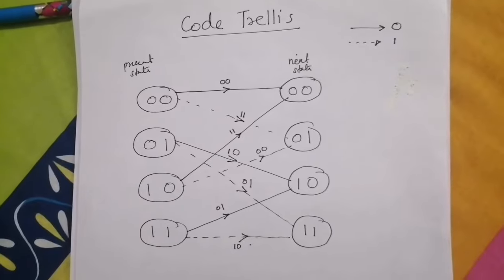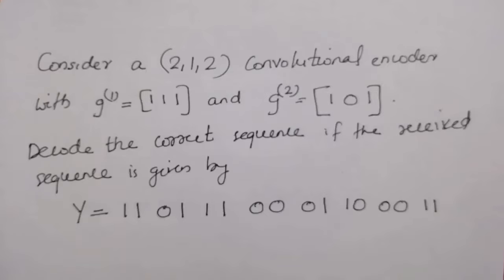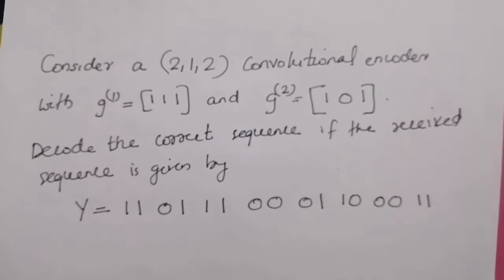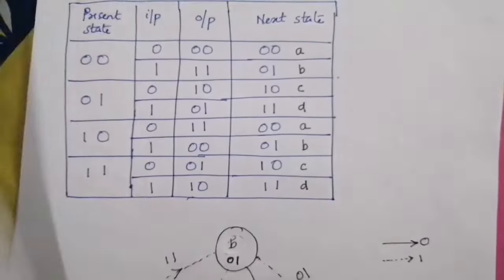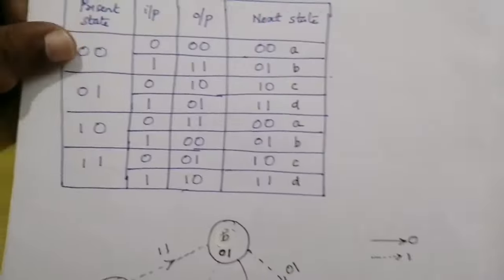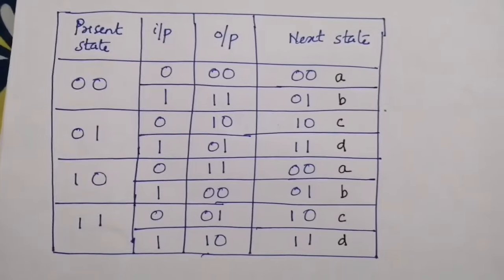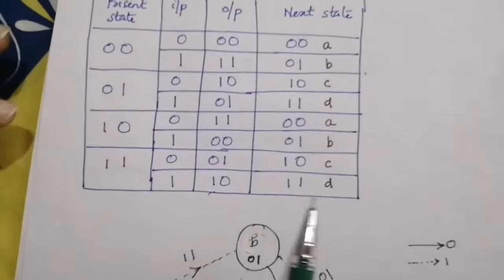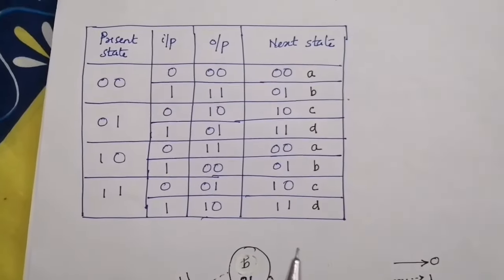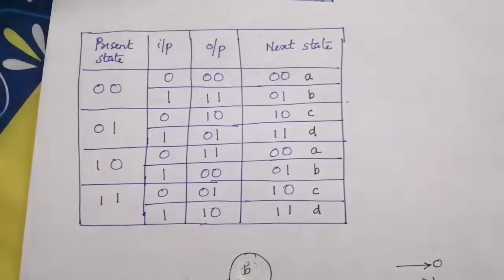For solving this particular problem, the state diagram of this convolution encoder should be ready with you. We know that there are 4 states available for this encoder, namely A, B, C and D.